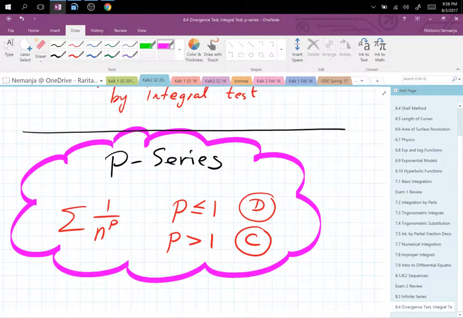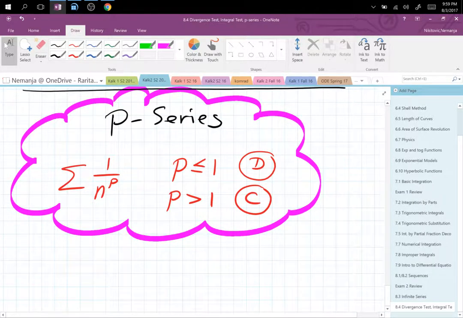The comparison tests are going to do something to a problem, and this will be used in between. So, P-series is easy to use, right? So far, you have 2 annoying ones, like telescoping, forever, and then the integral test, insane. Geometric, easy. Divergence, easy. And P-series, here we go.